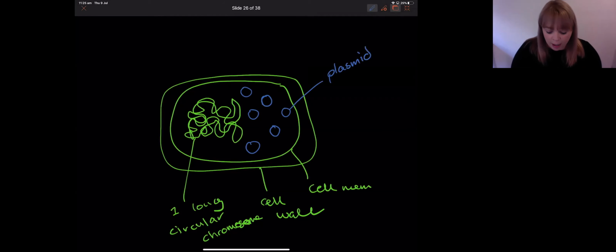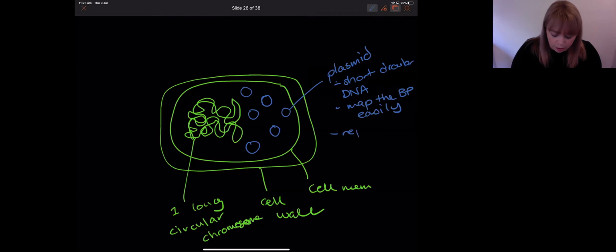Now, a plasmid is just a short, circular piece of DNA. We can map the base pairs easily.